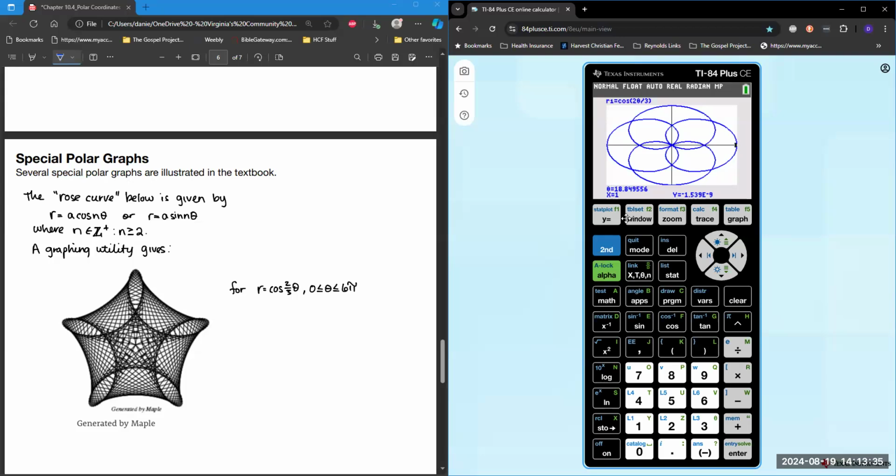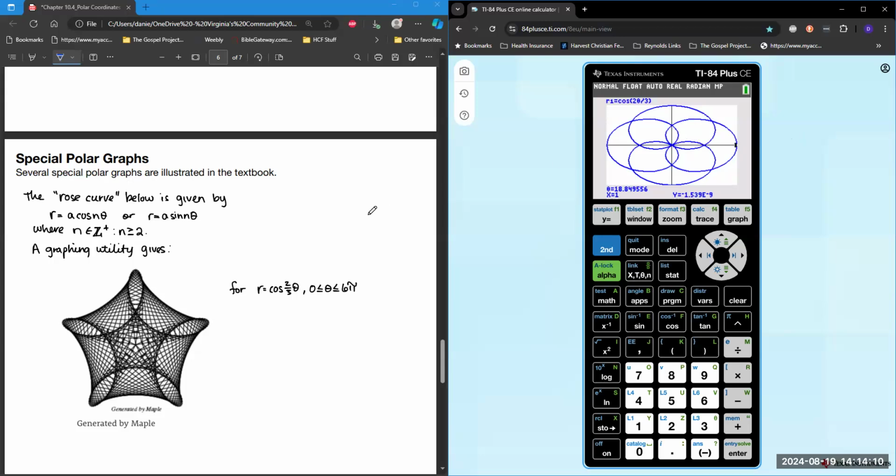And you'll study those things more in depth in other classes, but we're actually going to come back and talk about those things next time. So you might want to have that page in your book handy so you can look at some of the graphs, and we're going to maybe talk about the area that is in one of these polar regions, and we may talk about arc length of a polar region.